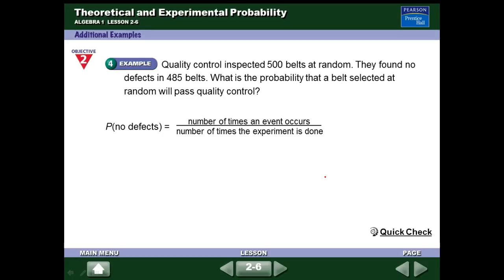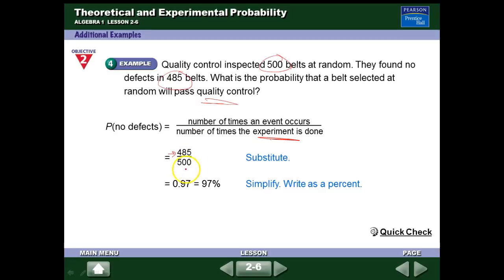Number of times an event occurs over the number of times the experiment is done. 500 belts were selected at random, so that's the number of times we did the experiment, and 485 pass quality control inspection. 485 divided by 500 gives a decimal of 0.97, times 100 to get 97%. When you're talking about probability, typically you will write it as a percent.